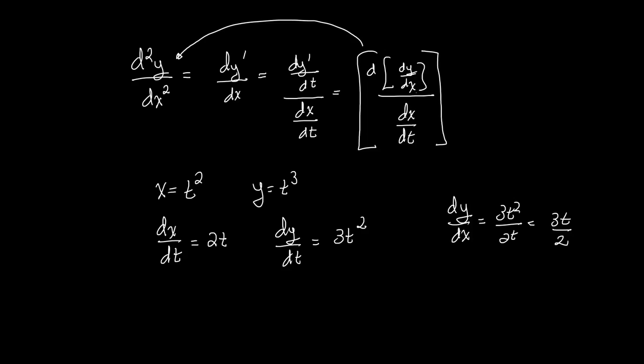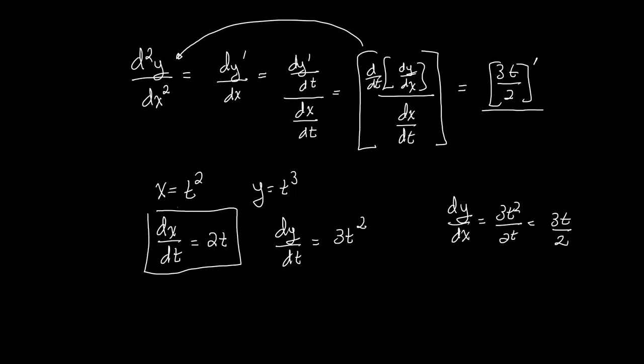So we take the derivative with respect to t of dy/dx, which equals the derivative of 3t over 2, all divided by dx over dt, which is our first value of 2t.